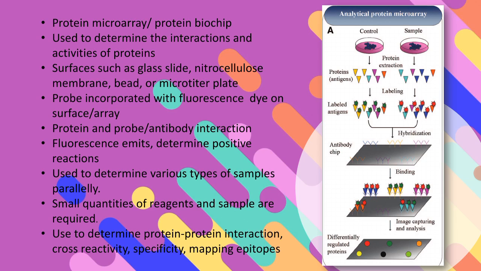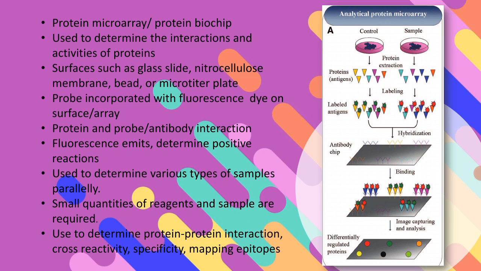Then surfaces can be used as the glass slide, nitrocellulose membrane, okay, then beads or the micro titer plates can also be used for the protein microarray or the protein biochip.